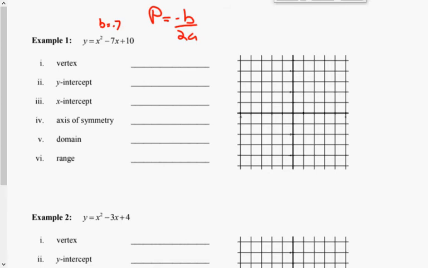So I put negative b in there. So negative 7 is positive 7 over 2a. My a value equals 1. 3.5. Very good. Vertex starts.